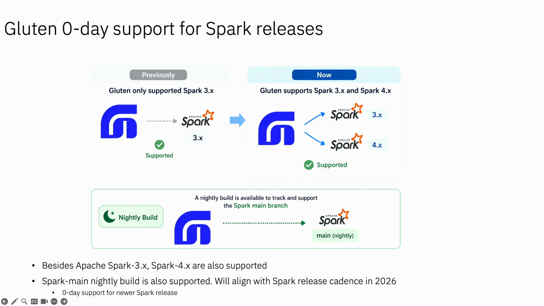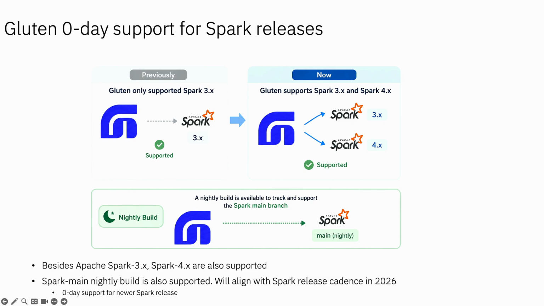The third feature for us is we are adding day-0 support for Spark releases. Initially we only supported Spark 3.x releases. In the beginning of 2026, we added Spark 4 support. Right now, we do support 4.0 and 4.1, but that's still behind the Spark community. This year, the Spark community is trying to introduce a very aggressive release method, releasing every quarter.